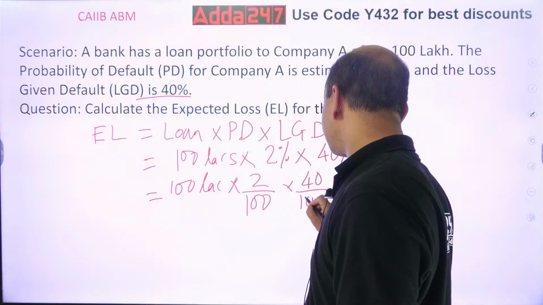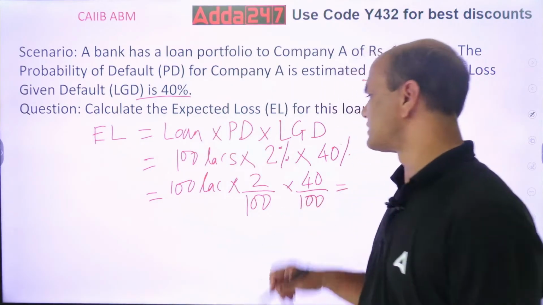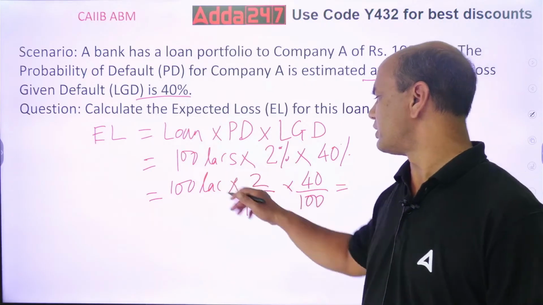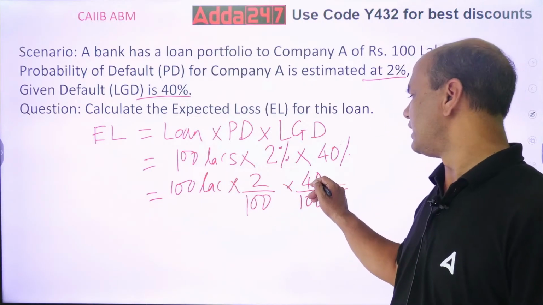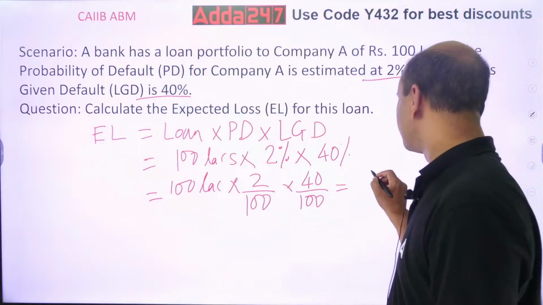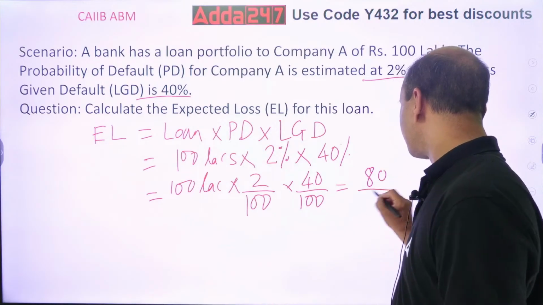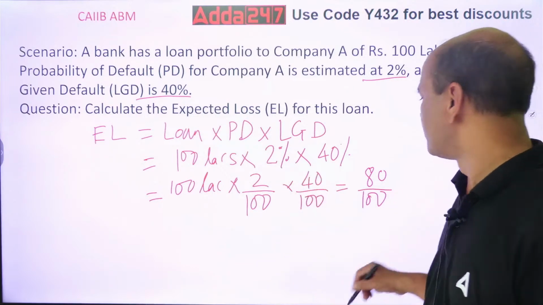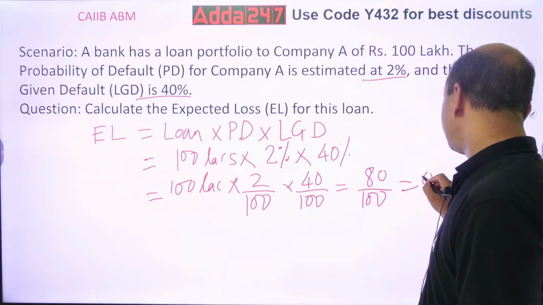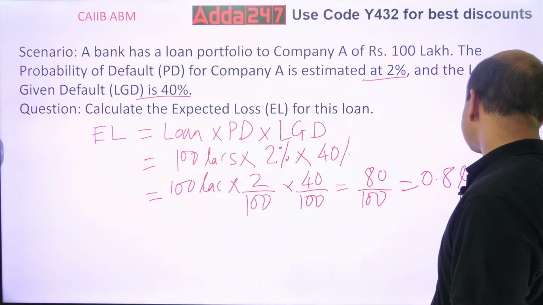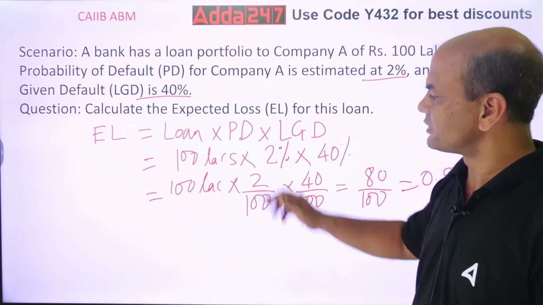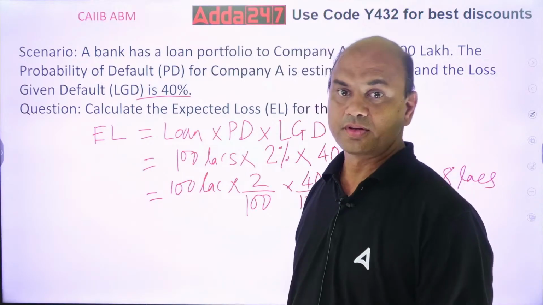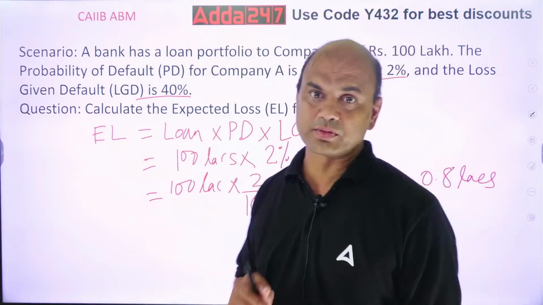See, the upon 100 creates a lot of difference. So 100 gone, 4 into 2 is 8, 80 upon 100. It is equal to 0.8 lakhs. This is in lakhs, so it will be in lakhs. Kindly don't miss out on the calculations.